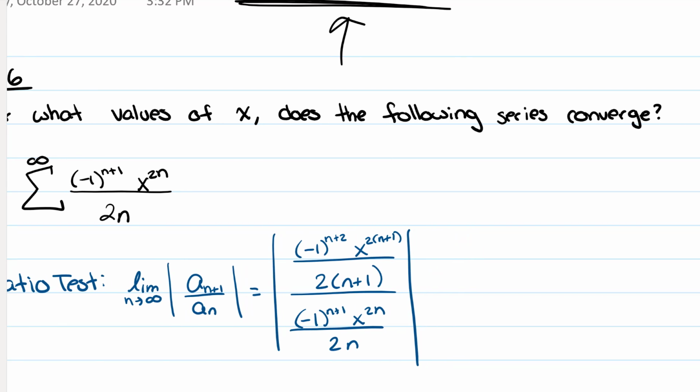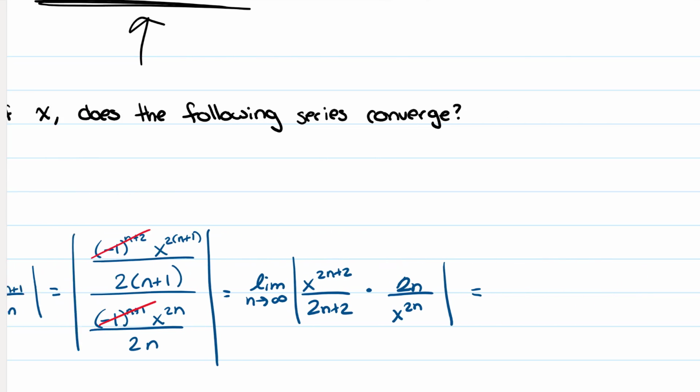Now because I have absolute value bars, all the negative terms go away. Negative 1 to the n plus 2 and negative 1 to the n plus 1 are gone. So this would be the limit as n goes to infinity of x to the 2n plus 2 divided by 2n plus 2 times 2n divided by x to the 2n.